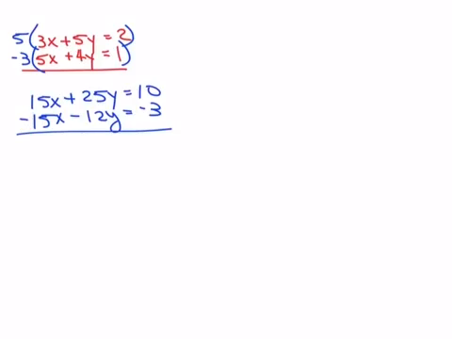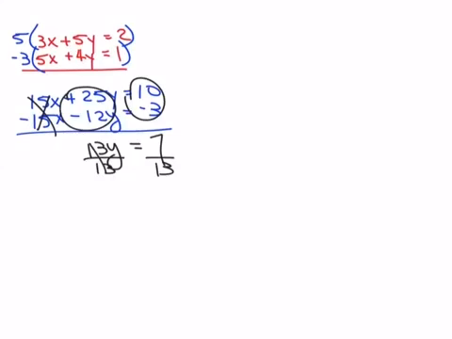So what do I get? Those go away. This becomes 13y. This becomes 7. I divide by 13, and my y then is 7 over 13.